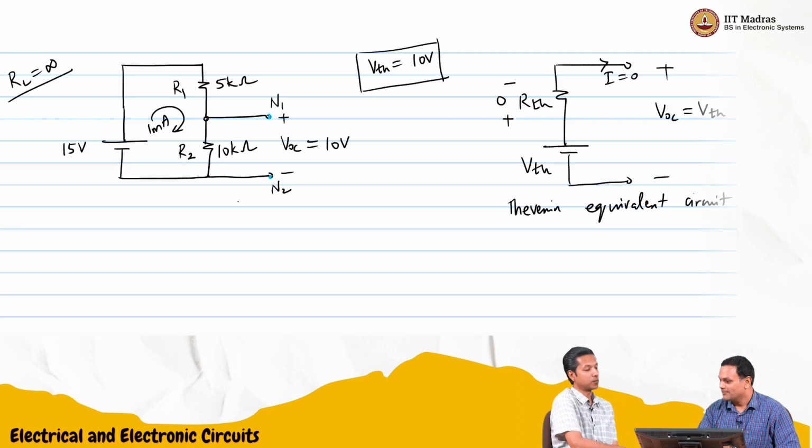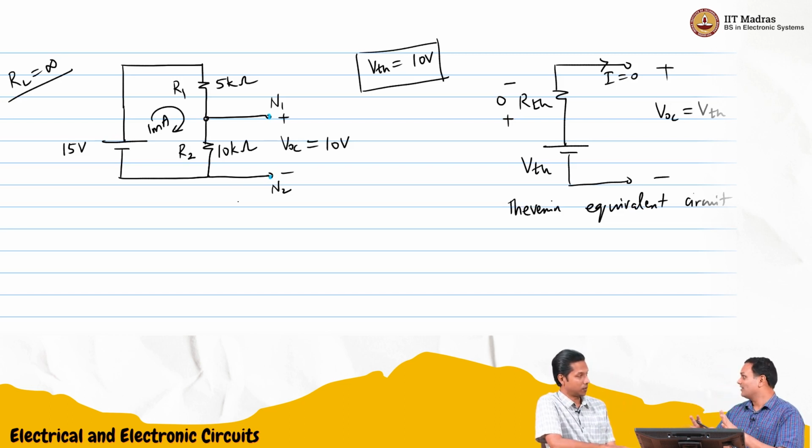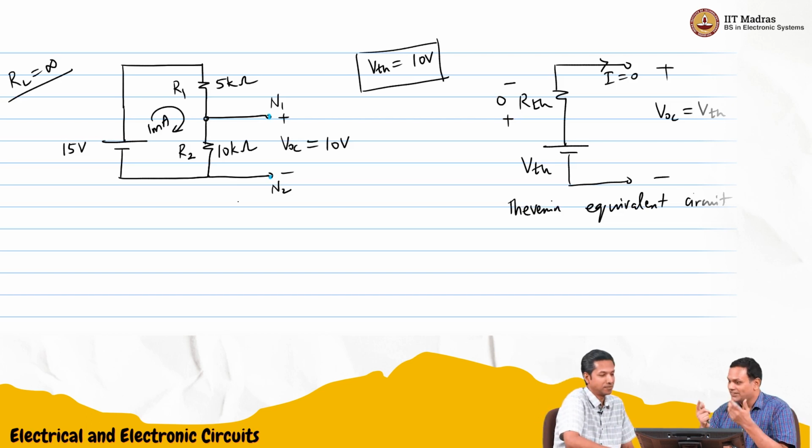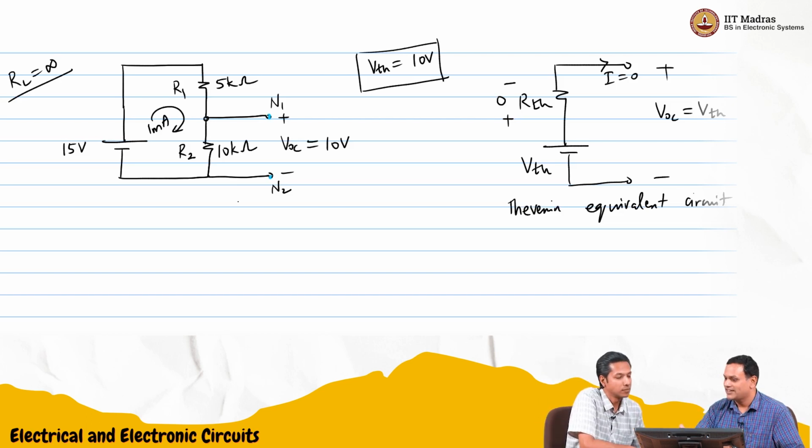So for a given network across two terminals, if you want to calculate the Thevenin equivalent, you should just open the load and measure the voltage. That will directly give you the VTH. In this case, it's 10 volts.